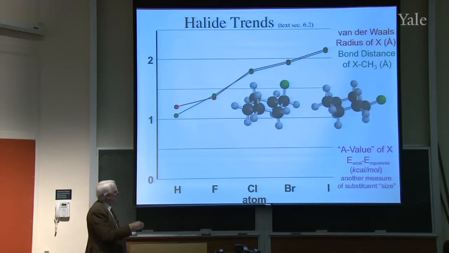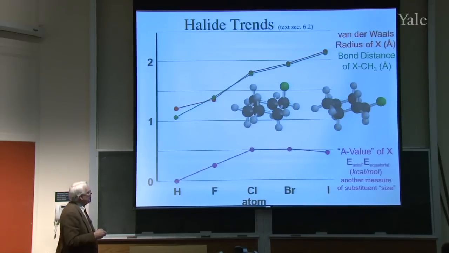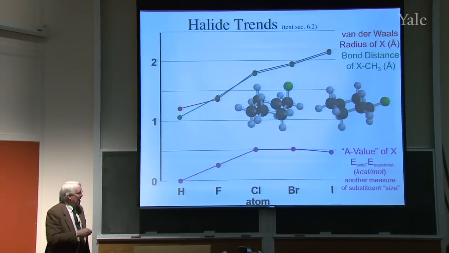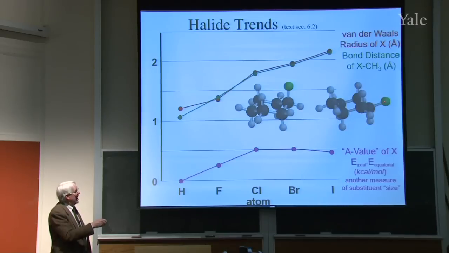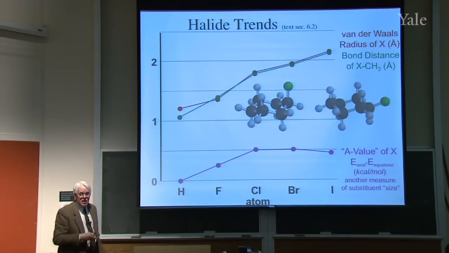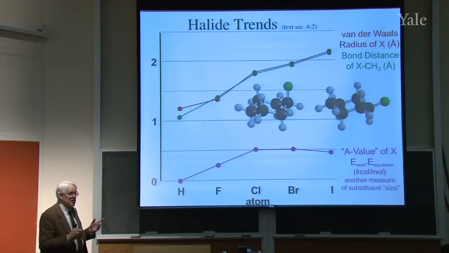So it's E axial minus energy equatorial in kilocalories per mole, so that measures substituent size. Now, here are the values for the halogens and hydrogen, incidentally, which is defined as 0 because you're comparing hydrogen with hydrogen. Okay, so here it is. And again, you see it's not monotonic. It goes up and down. So there must be two things involved.